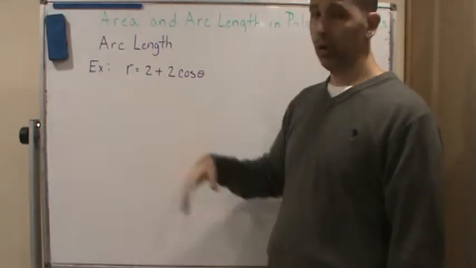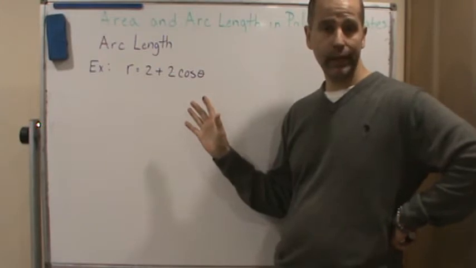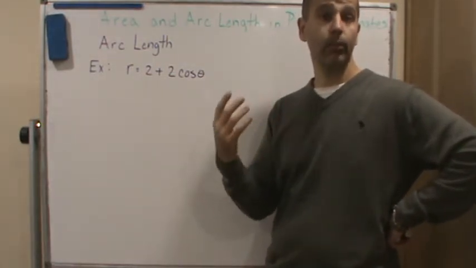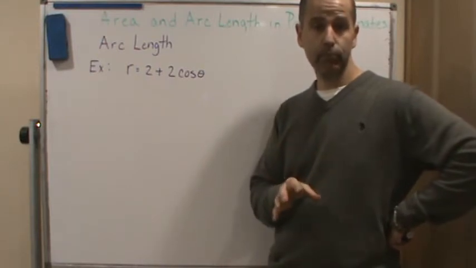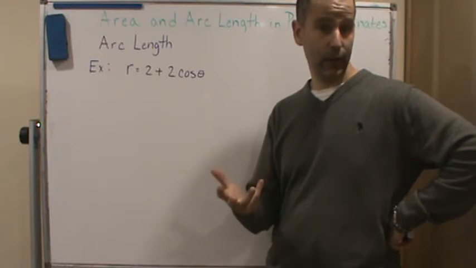The one thing to realize is that to trace this out, we don't want to calculate the arc length to be too much, because just like area, we don't want to double count things, in a manner of speaking.